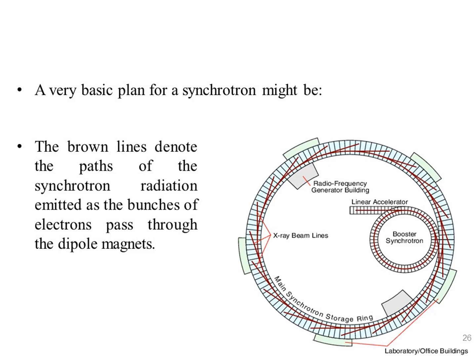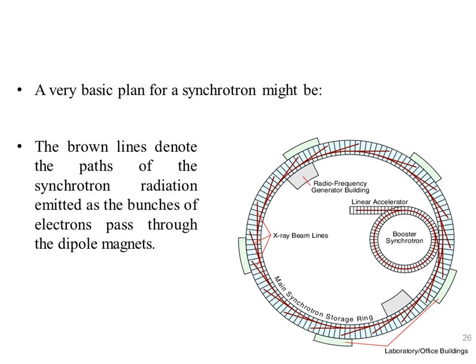A very basic plan for a synchrotron might be as shown in this diagram. The brown lines denote the path of the synchrotron radiation emitted as the bunches of electrons pass through the dipole magnets. This produces a Catherine wheel effect.